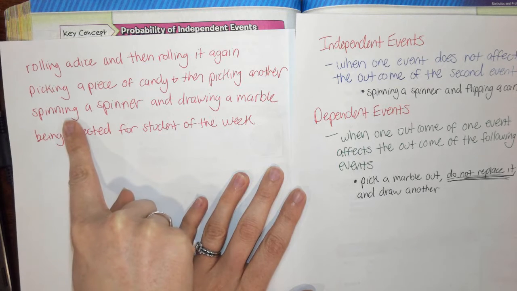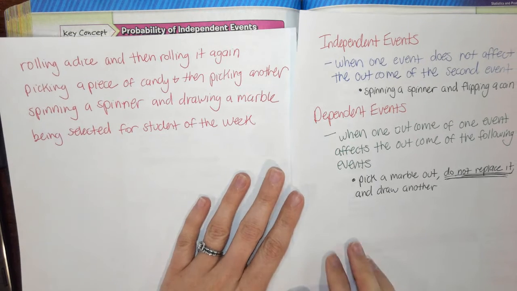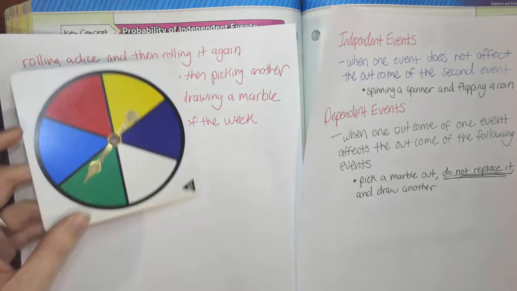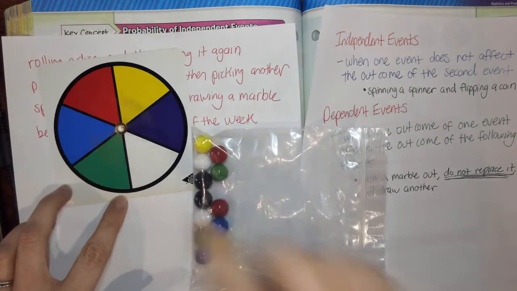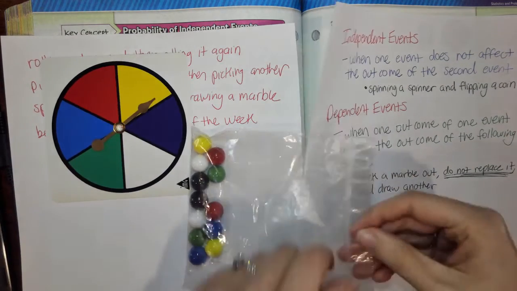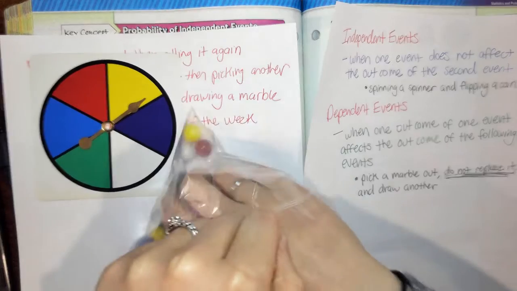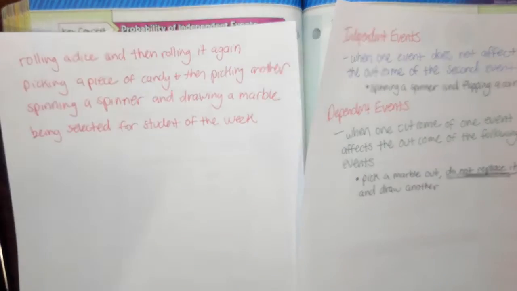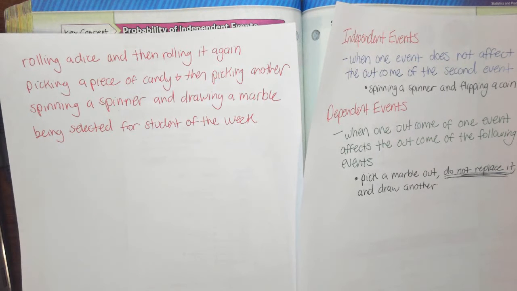The third one, spinning a spinner and drawing a marble. What do you think about that one? Hopefully you said those were independent. Okay? Whatever I spin here does not affect which marble I randomly draw out of the bag. And the last one, being selected for Student of the Week. Now this one's kind of tricky.